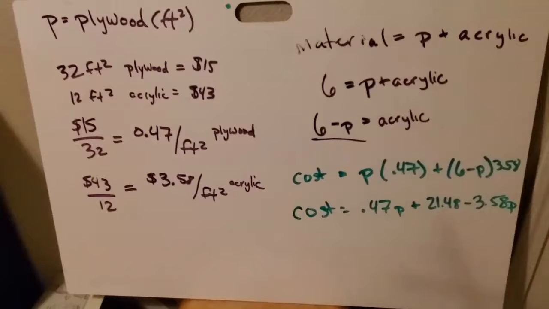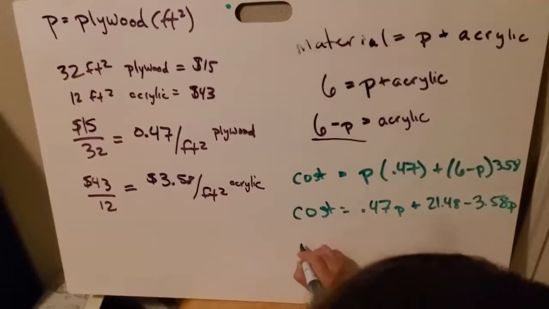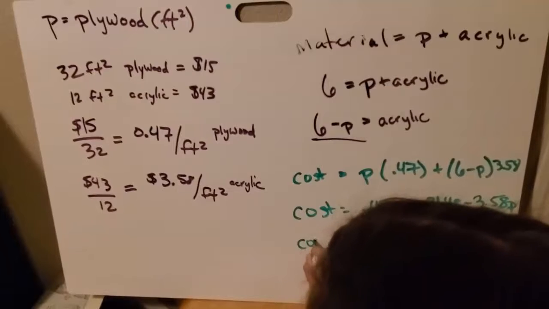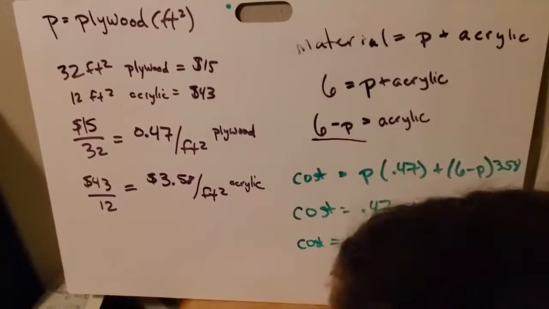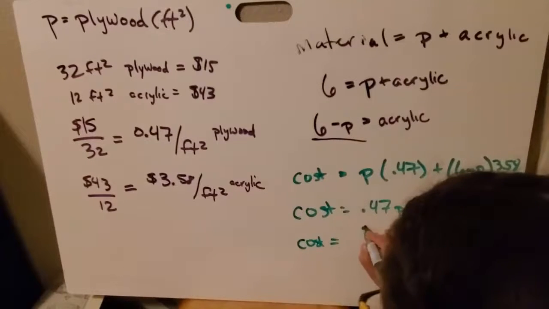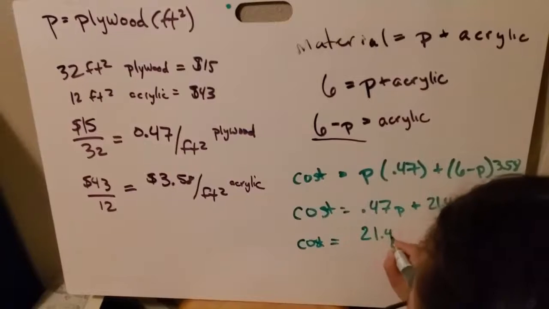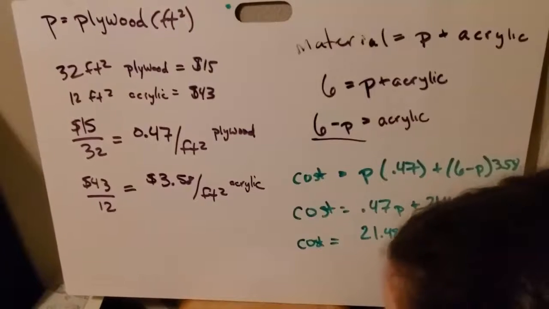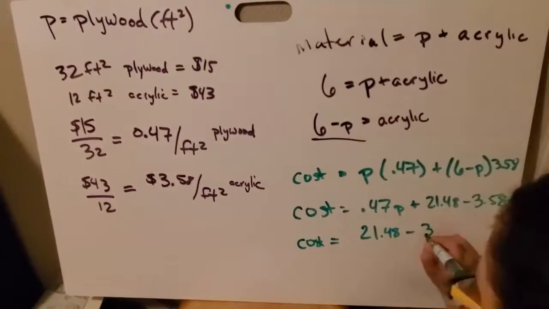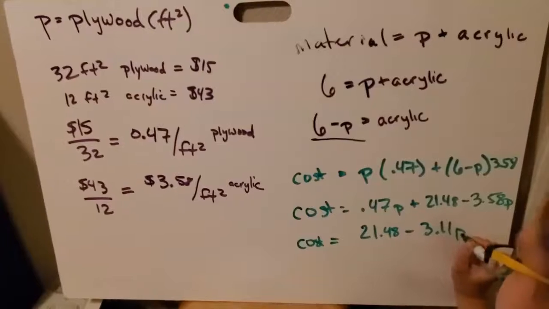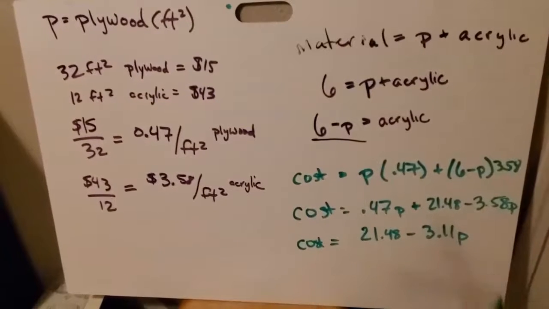The next thing we're going to do is combine like terms, bringing our p values together. So it's going to be cost equals 21.48 minus 3.11p. We can't simplify that any further, so that would be the equation we use to represent the cost of materials.